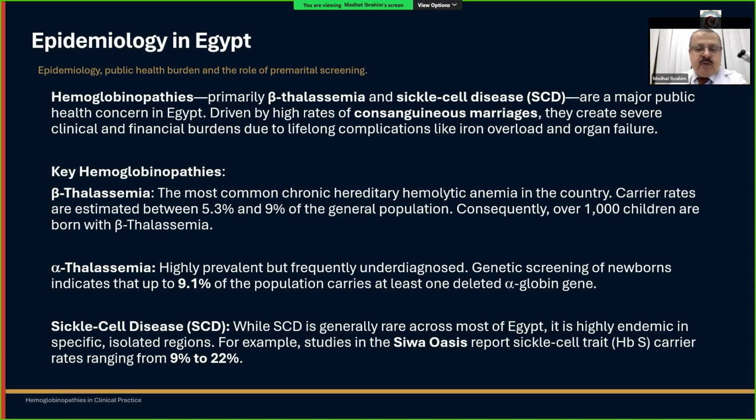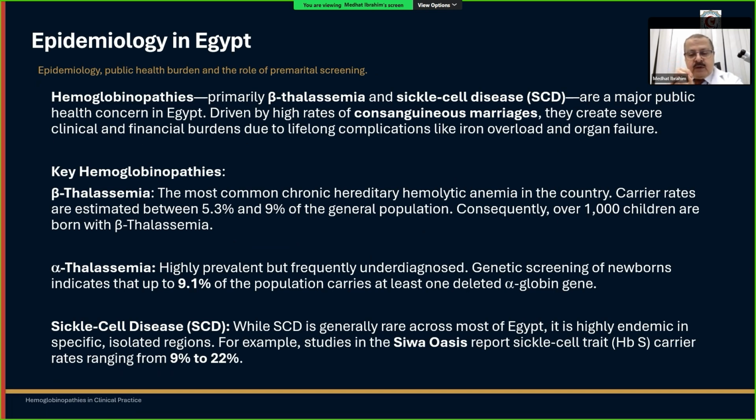So hemoglobinopathies, primarily beta thalassemia and sickle cell disease, are a major public health condition in Egypt, driven by a high rate of consanguineous marriages. They create severe clinical and financial burden due to life complications and due to iron overload and organ damage.